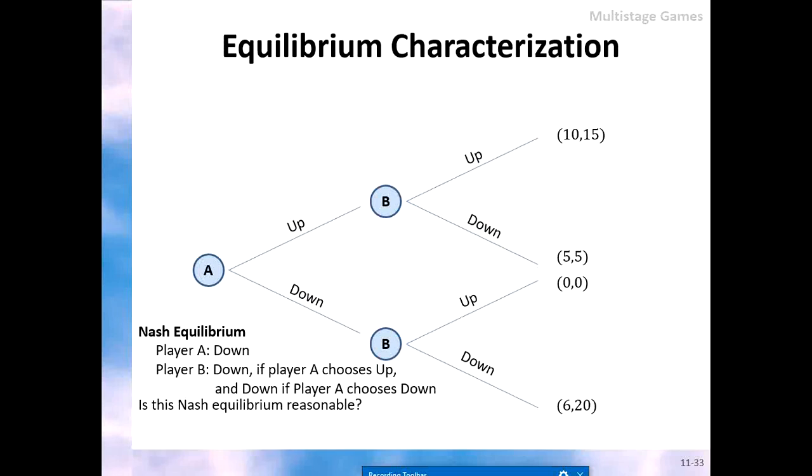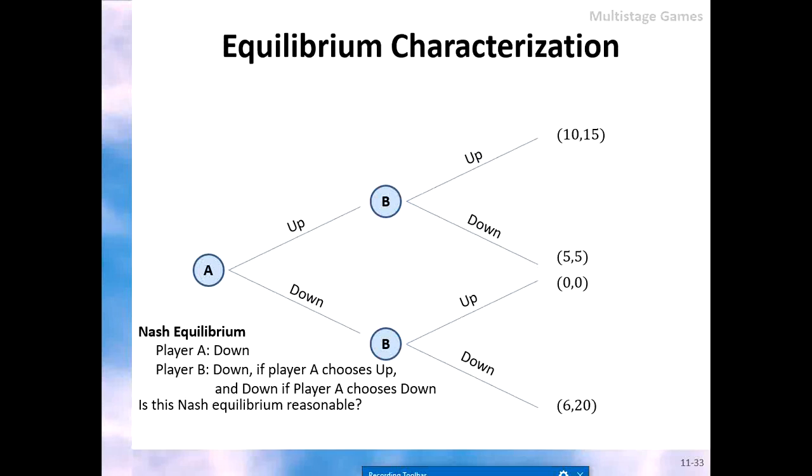Given that player A chooses down, does player B have an incentive to change his strategy? B's strategy specifies that he chooses down if A chooses down. He assumed that A chooses down, and therefore he can earn 20, whereas he earns 0 by choosing up. So we see that player B has no incentive to change his strategy given that player A chose down.